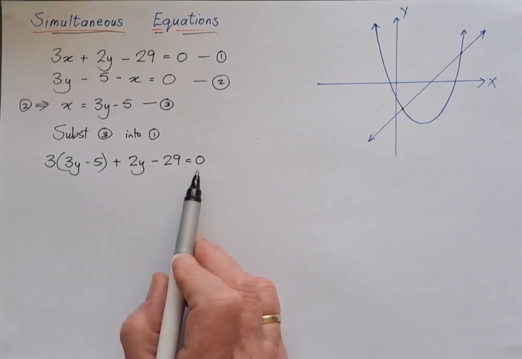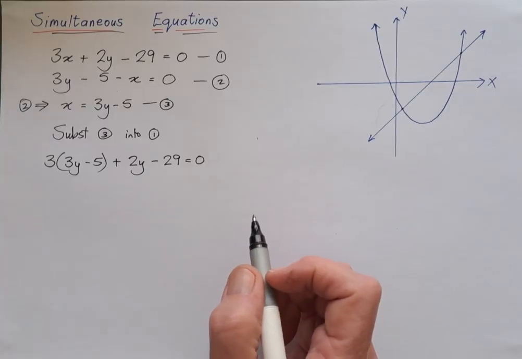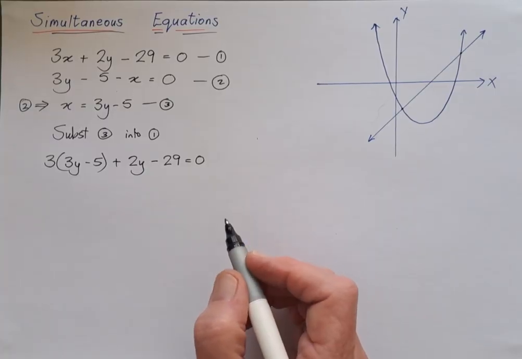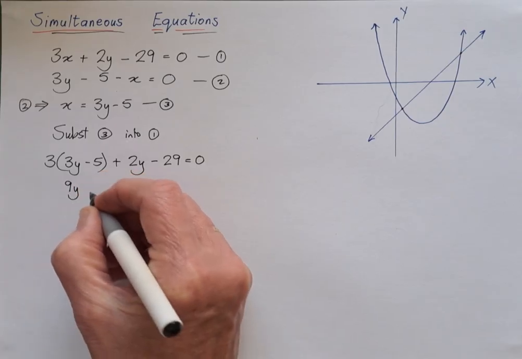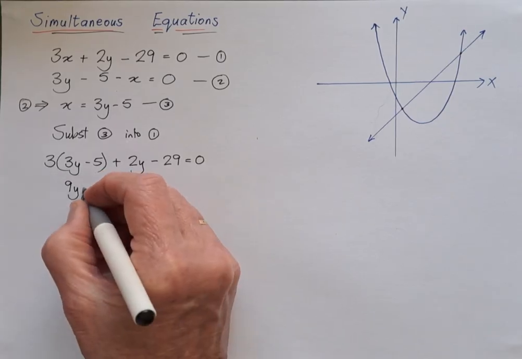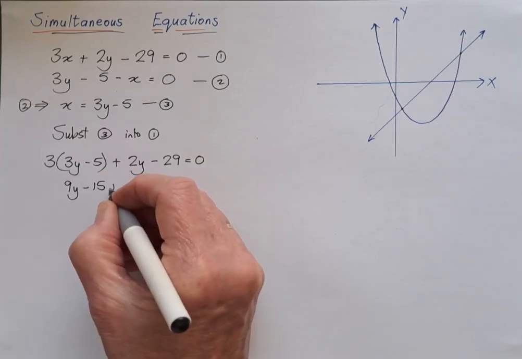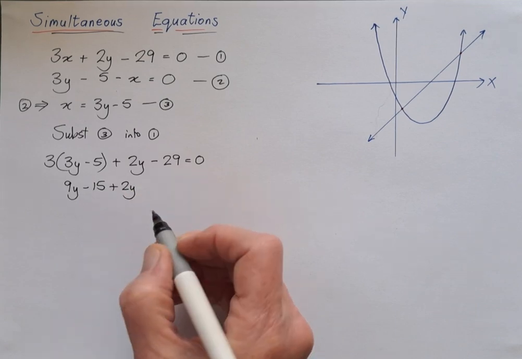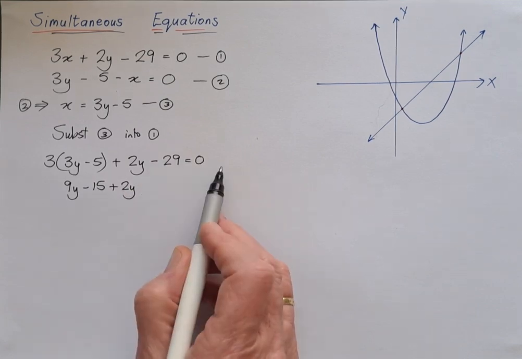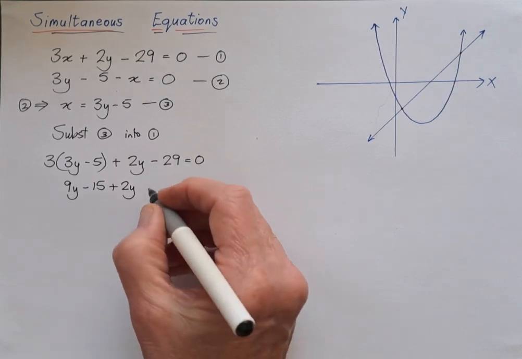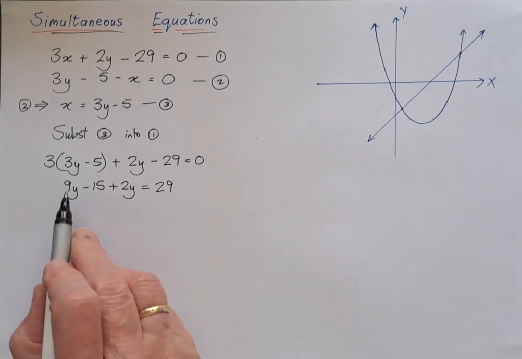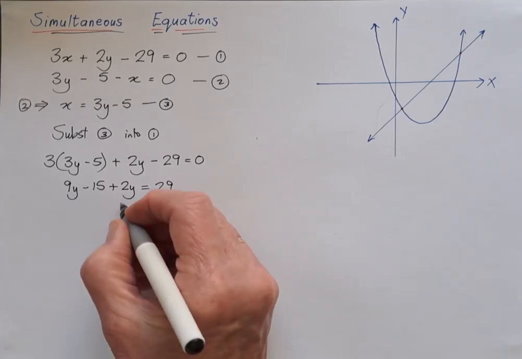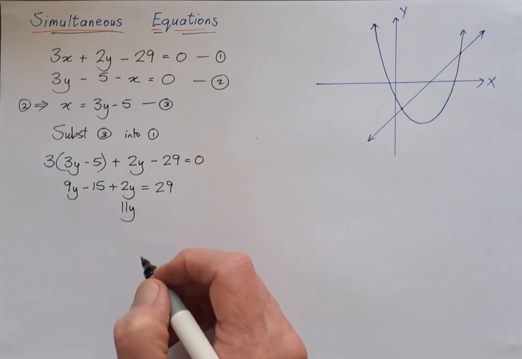I'm going to multiply out the brackets and then start getting the y's on the one side and the constants on the other. So I've got 9y, 3 times -5, everything else, I'm going to take a shortcut and quickly take that across straight away. So it crosses the equal sign, it becomes 29. 9y plus 2y is equal to 11y.